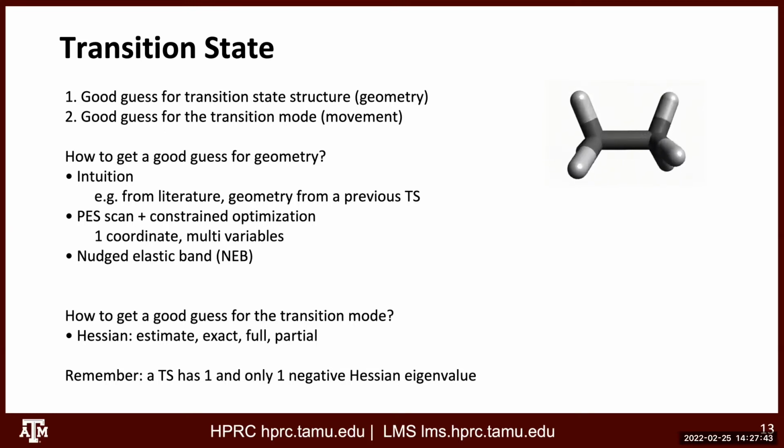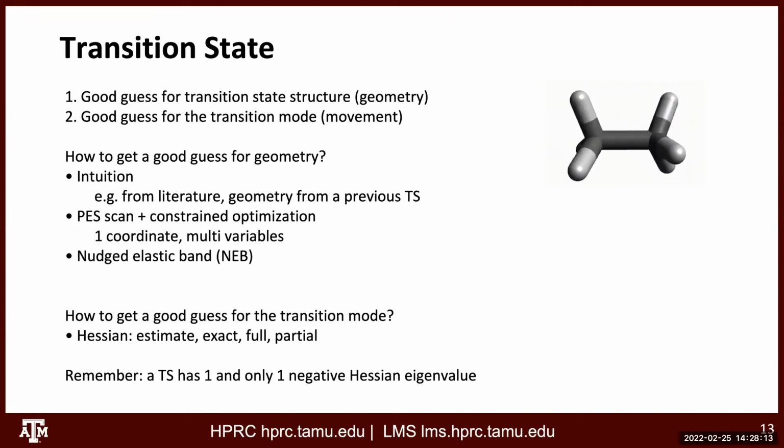And for some other cases, you might get inspiration from the literature. If you're calculating a transition state that might have appeared in a system with similar structure, then you might be able to take the structure of that transition state and make slight modifications to fit your need.